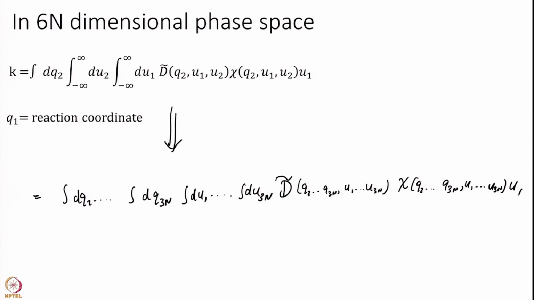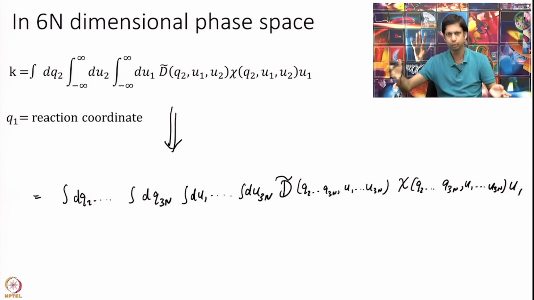Okay. So, it is a straightforward generalization. Earlier for example I showed you how it works in Q2 space only because it is easier to see, but really it is Q2 to Q3n and all speeds.